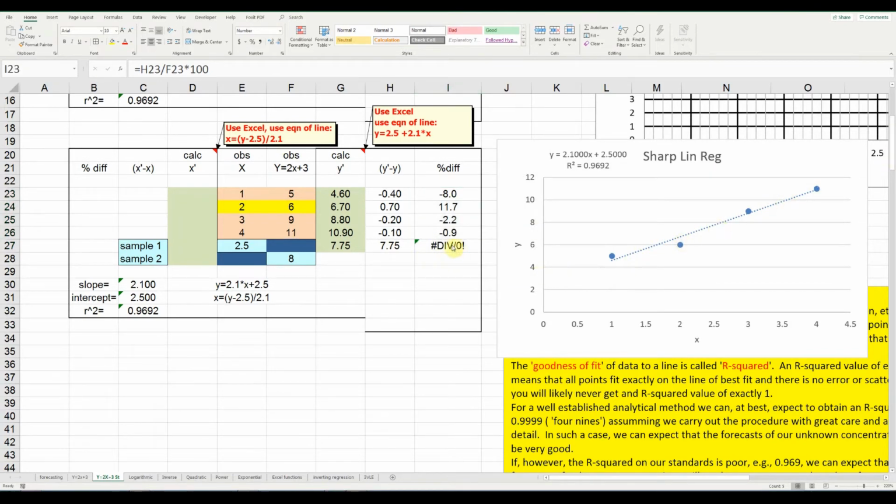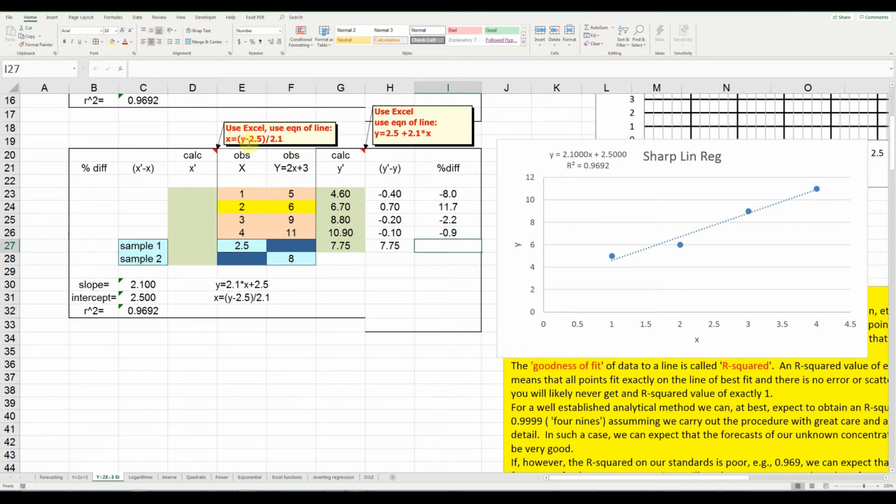Notice we got an error message here because we are dividing by a value that's 0, and that's not possible. So this was one of our unknowns, so we didn't have a known value of y, so we can discard that.